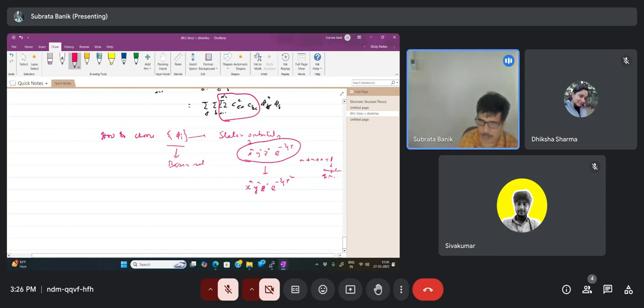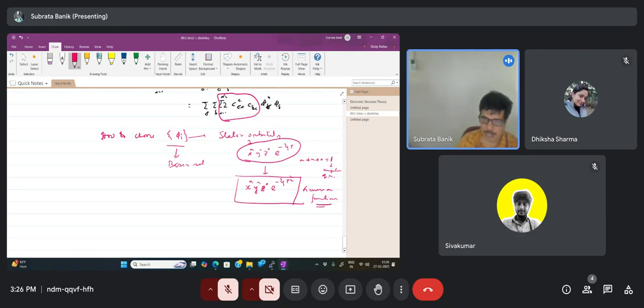This set of functions, as you know, are the Gaussian functions. So these people suggested the use of Gaussian functions.